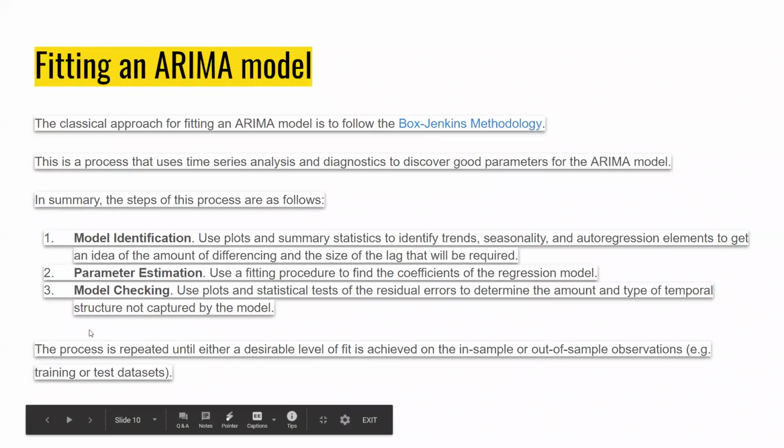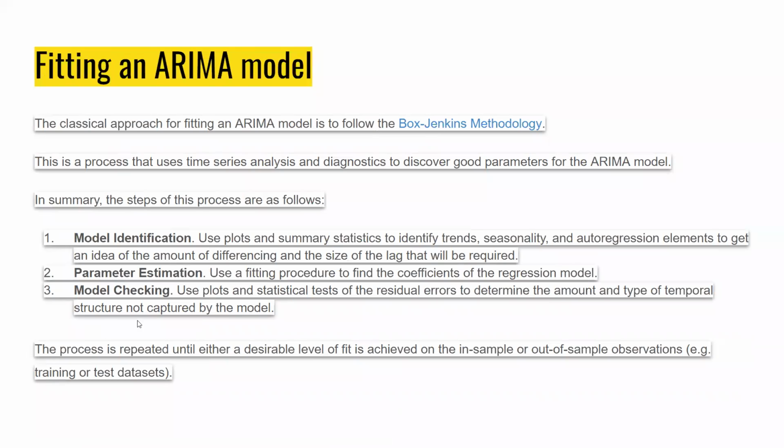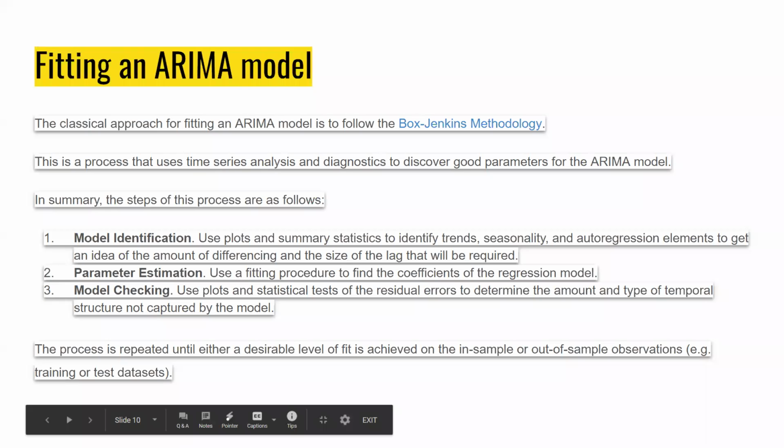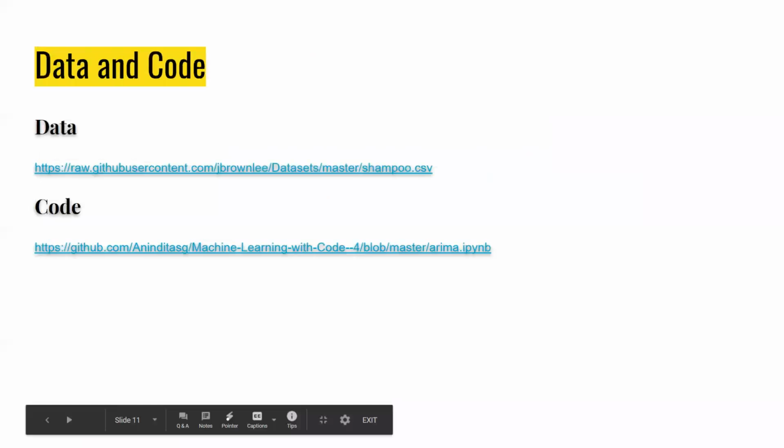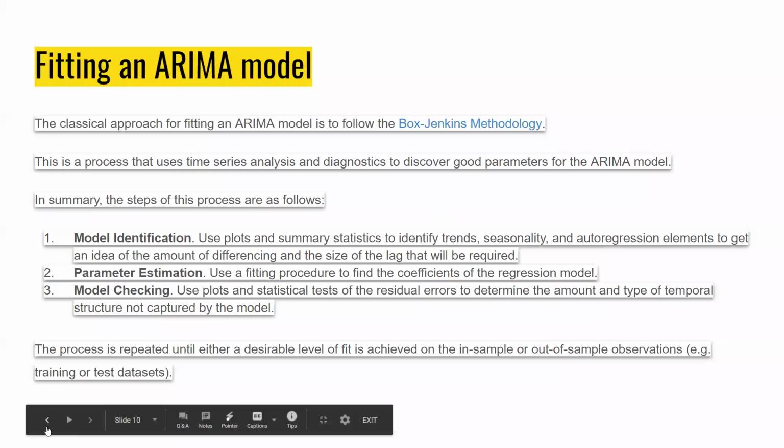So these are the steps of the Box-Jenkins methodology. I think if you are interested, you should read this. It is almost a 125-page chapter in a book, and I think it would be out of the scope of this discussion. But if you're interested, you can read about Box-Jenkins.